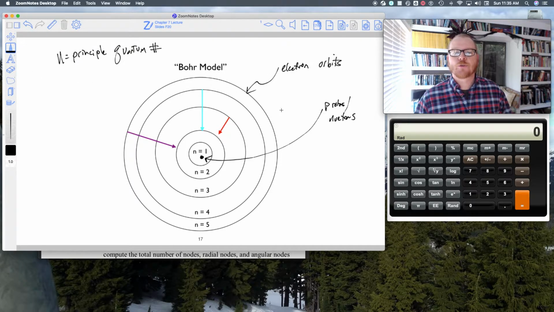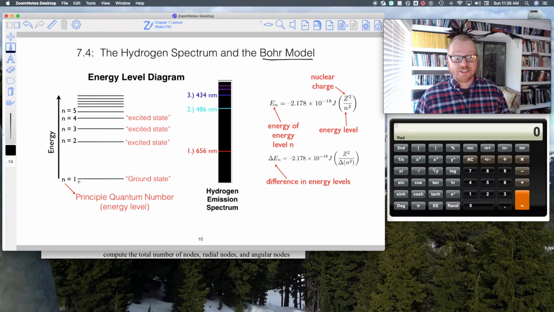So for example, n equals 1 is the closest orbit to the nucleus. We call that the ground state. n equals 1 is the ground state. That's where we expect electrons to exist at room temperature. Under normal conditions, electrons will be in this ground state.